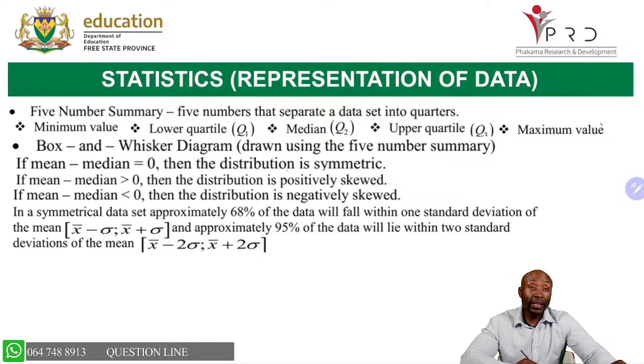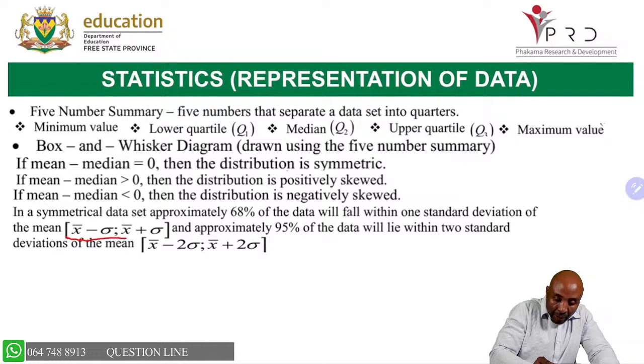Now, if the data is symmetrical, we know that approximately 68% of the data items will fall within one standard deviation of the mean. And we use that interval for us to get the data items that fall within one standard deviation of the mean.